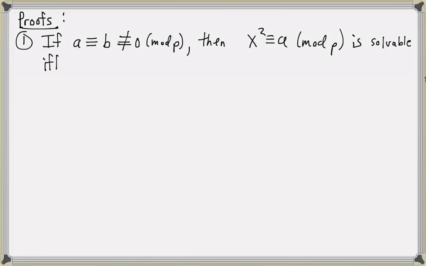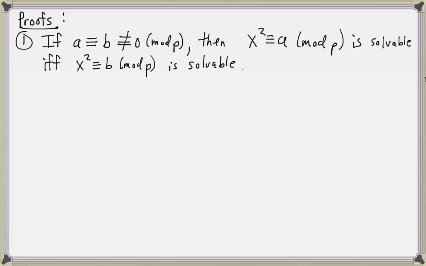So x squared congruent to A mod P is solvable if and only if x squared congruent to B mod P is solvable. So therefore, the Legendre symbols A over P and B over P must be equal.